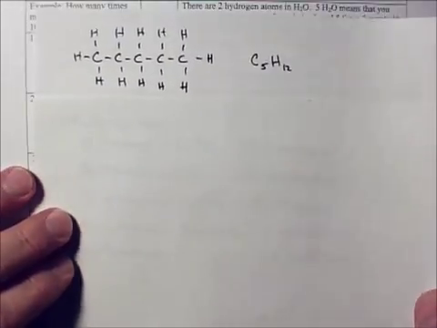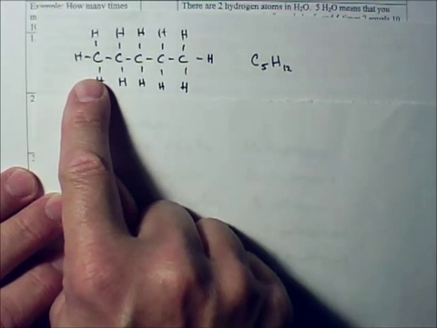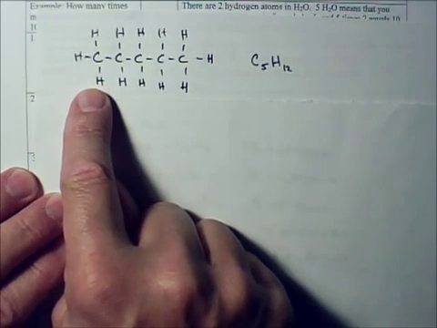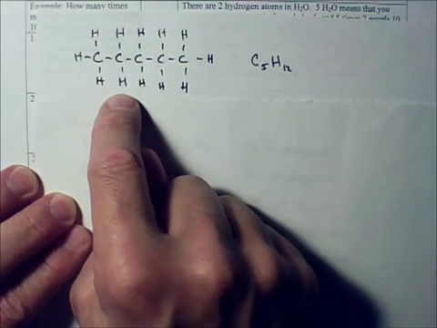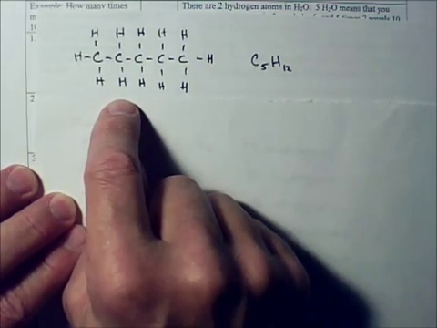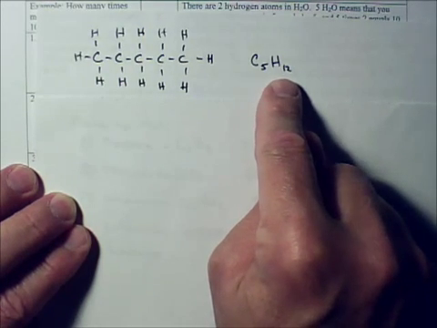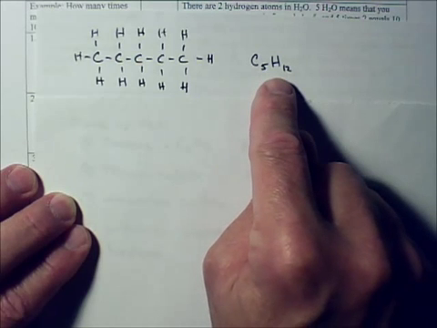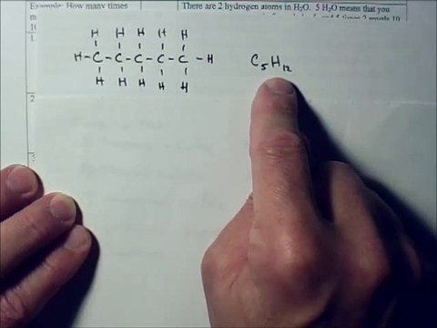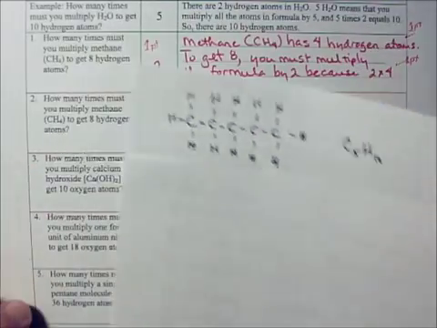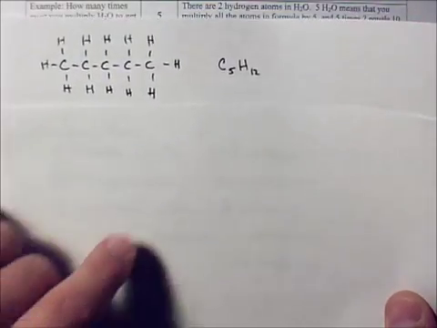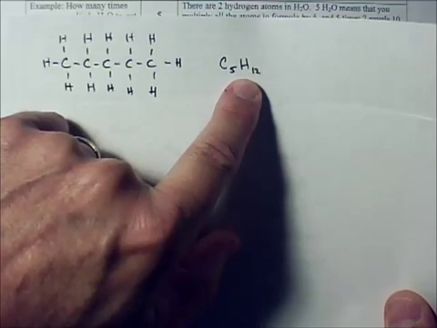If I have 5 carbon atoms, and each carbon atom has to have 4 bonds, and I put hydrogens around the carbons and bond those to give each carbon a total of 4, then the molecular formula comes out to be C5H12. So in the original formula, there are 12 hydrogen atoms. Okay?